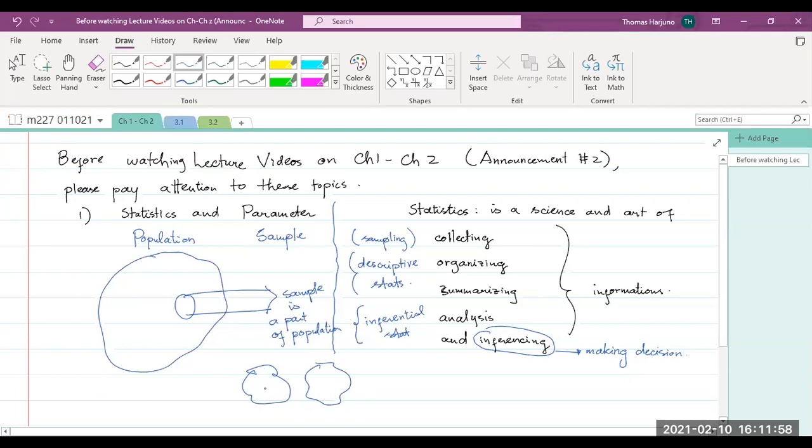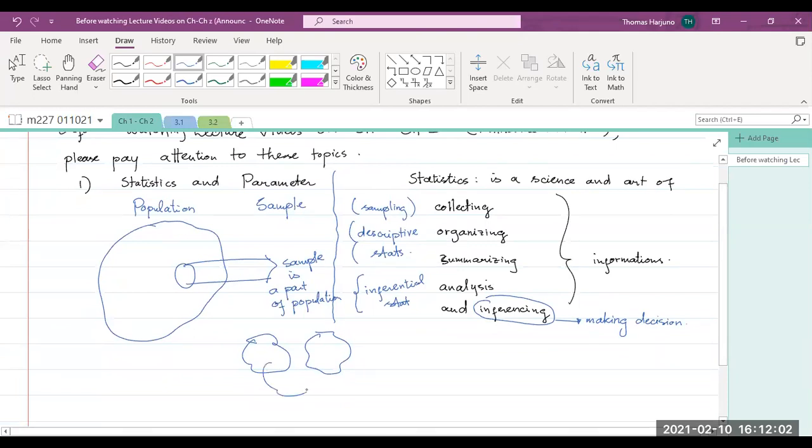And somebody else may get a different group again. You see what I mean? There could be some overlap, right? But population is unique. When we talk about West LA College students, whoever does it, we should get the same group. When we do sampling, your sample and my sample may be different.